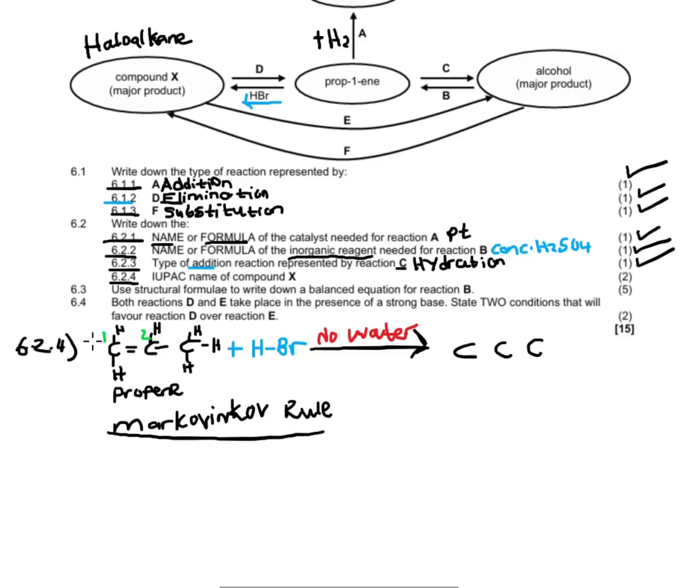We can see that that's carbon number 1. So carbon number 1 is going to receive the hydrogen. This hydrogen here is going to go and bond here, because carbon number 1 has more hydrogens, so it's going to get richer in hydrogens.